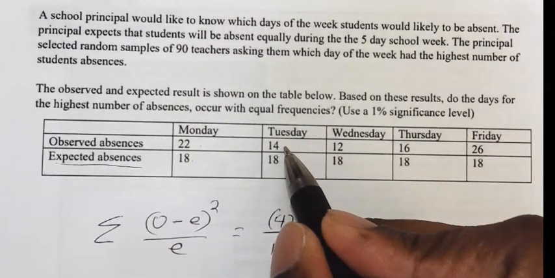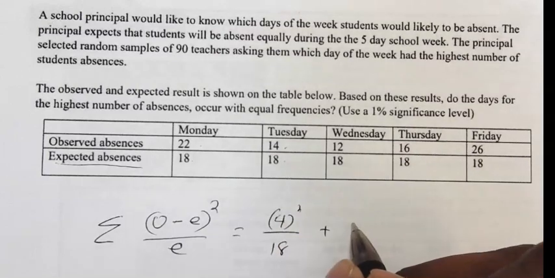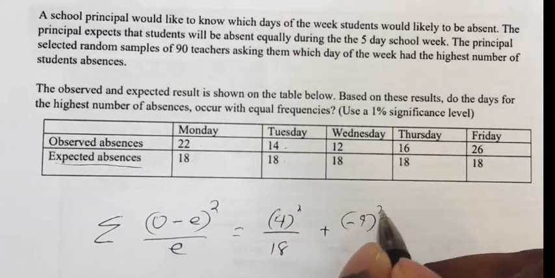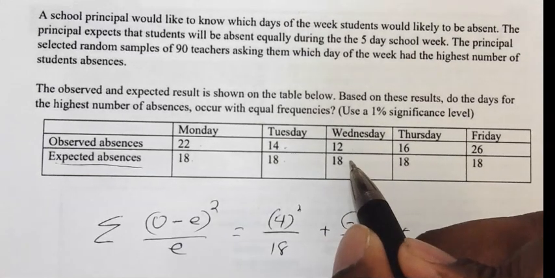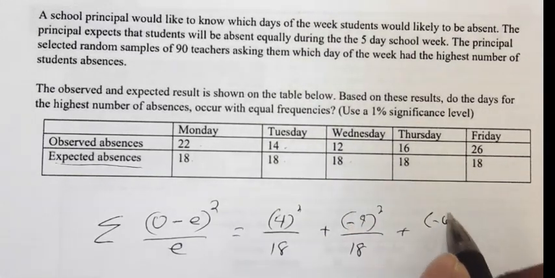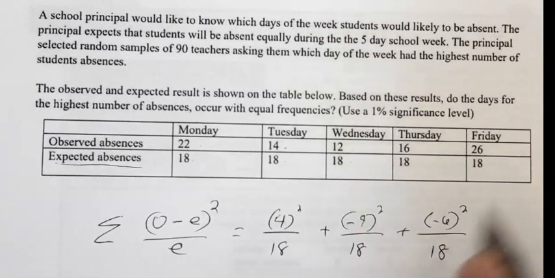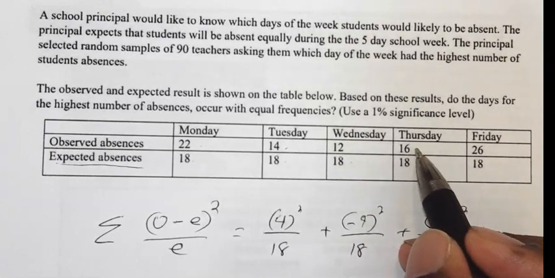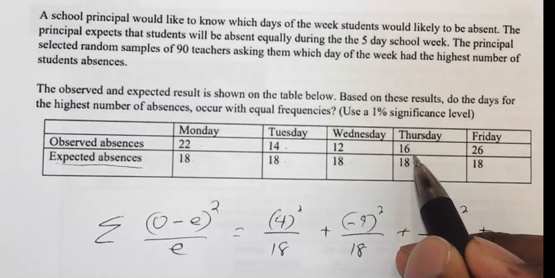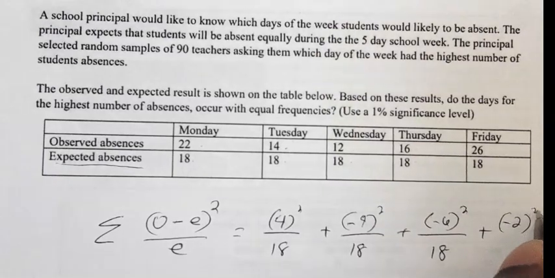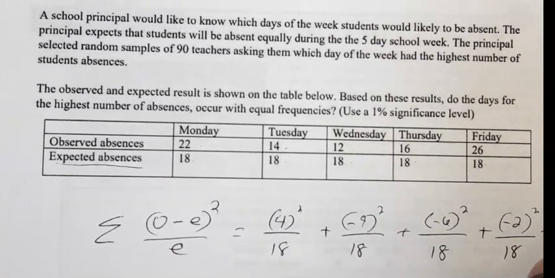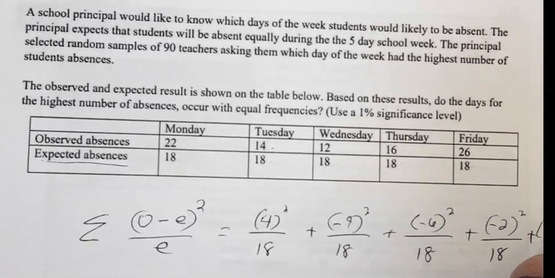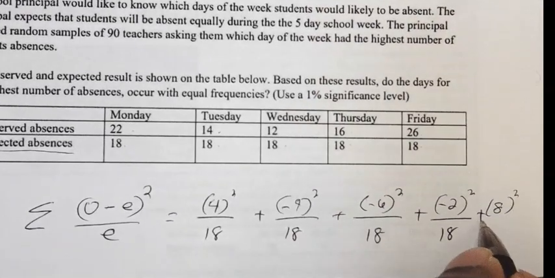The next observed is 14 take away 18, so that's negative 4 to the second over 18. The next one is 12 take away 18, that's negative 6 to the second over 18. And the next one is 16 take away 18, which is negative 2 to the second over 18. And the last day is 26 take away 18, which is 8 to the second over 18.